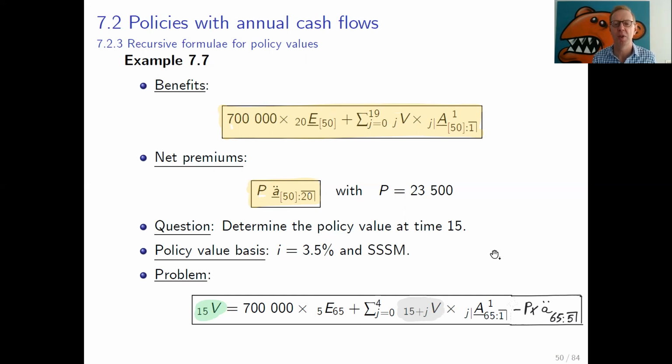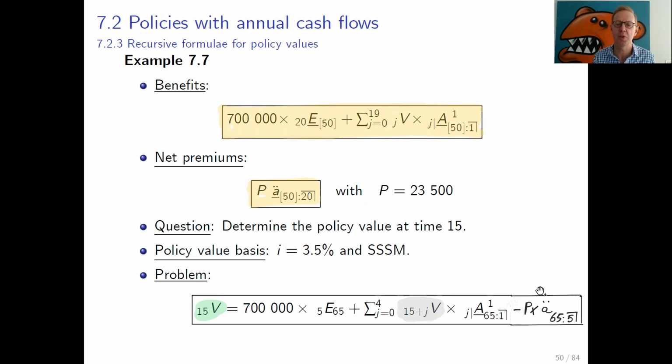If the insured, who is now 65, dies with a deferral of J years, so if he dies between age 65 plus J and 65 plus J plus 1, where J goes from 0 to 4, he will receive V15 plus J. So this part here is the actuarial value of the future death benefits.